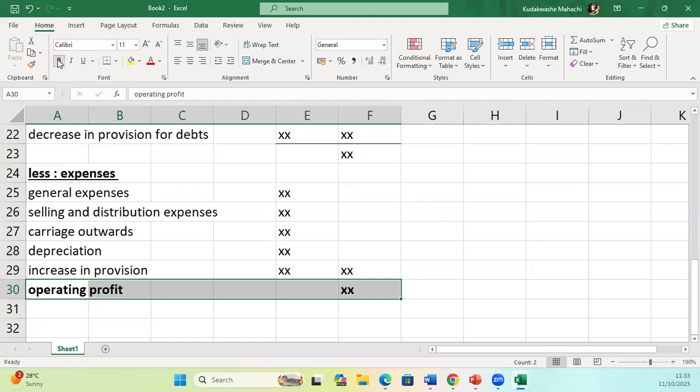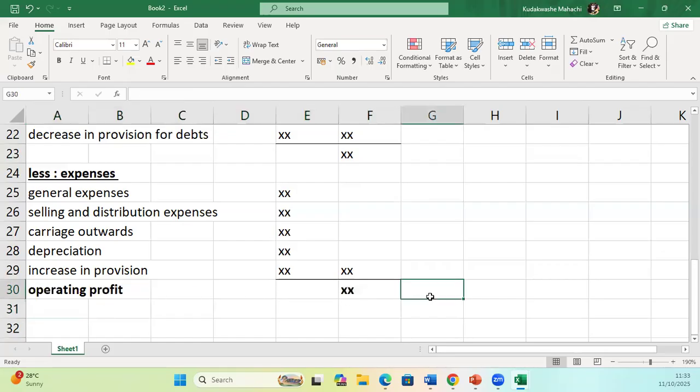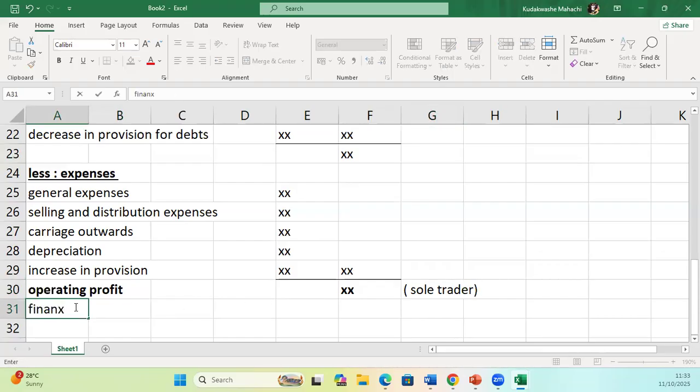What if this was a company? For a company, from the operating profit, we remove finance cost.